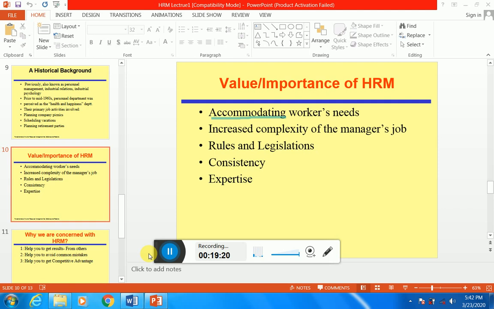The next point is rules and legislation. Rules and legislation also have an impact on the importance of human resource management, because these state laws have contributed a very vital role to the proliferation and importance of human resource functions.